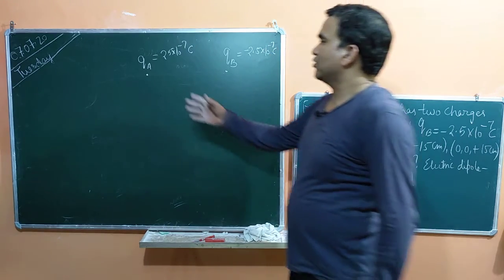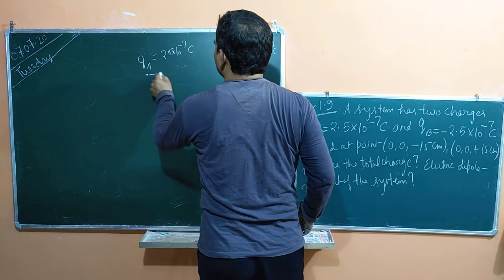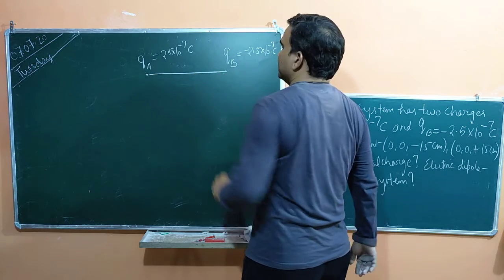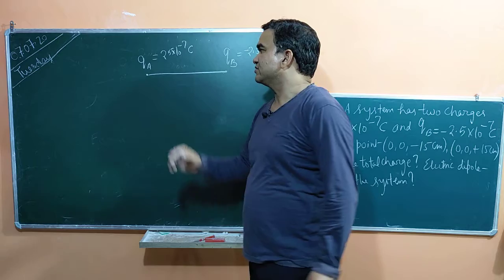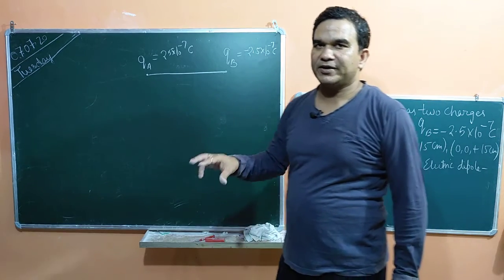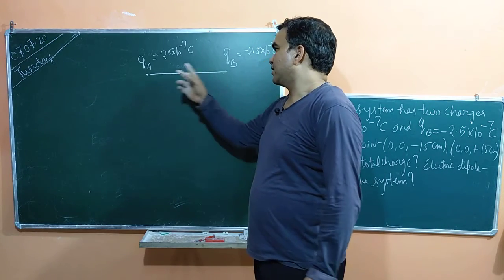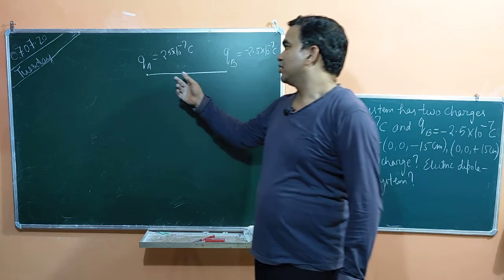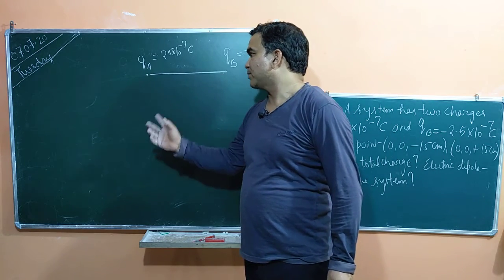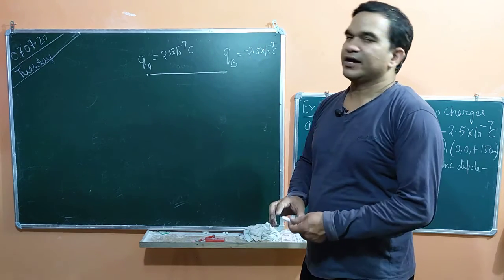So this configuration is called a dipole, where we have two charged particles and their magnitude is same, but the characteristics are exactly opposite to each other. So if this one is a positive charged particle, then this one is a negative charged particle.